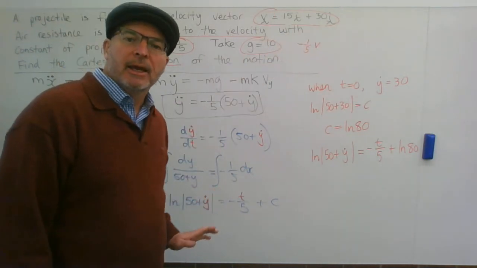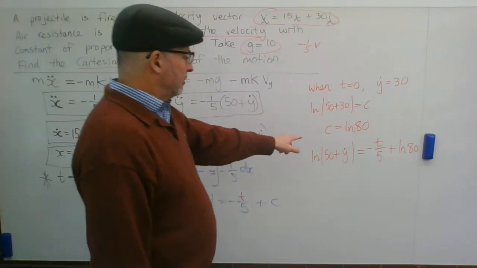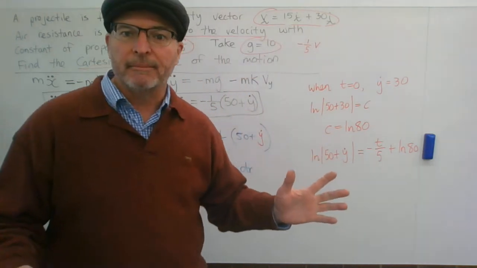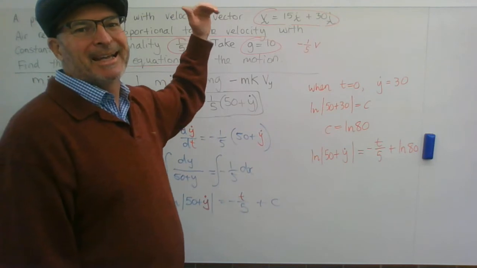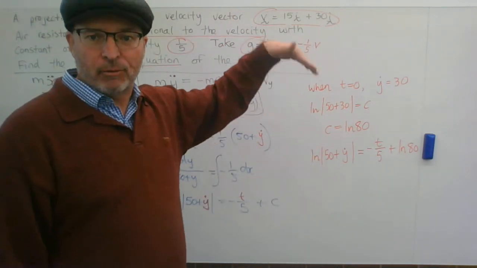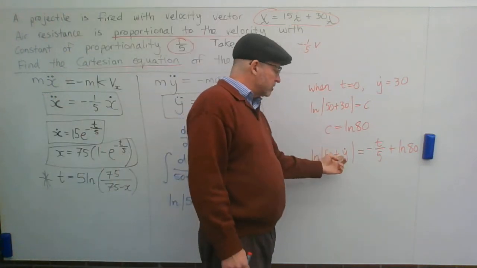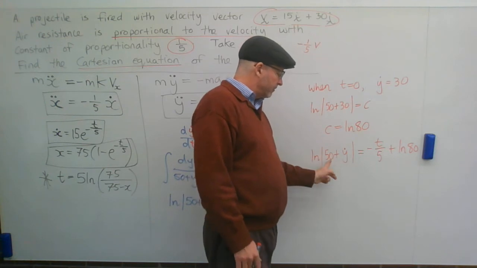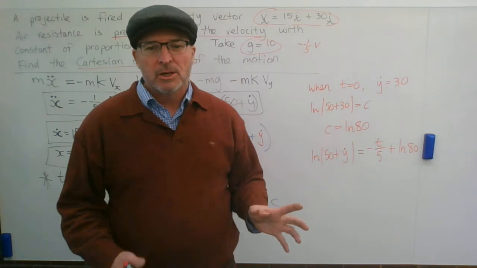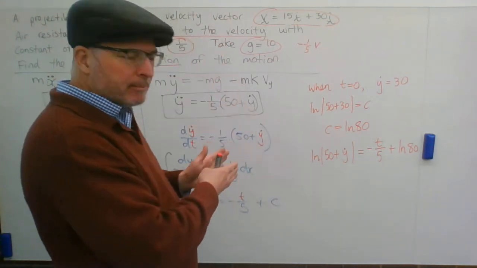The velocity is positive, and a positive plus 50, that's fine. But when it comes back down again, the velocity is negative. So how do I know it's not going to overcome this 50, maybe negative 60, and become a negative 10?